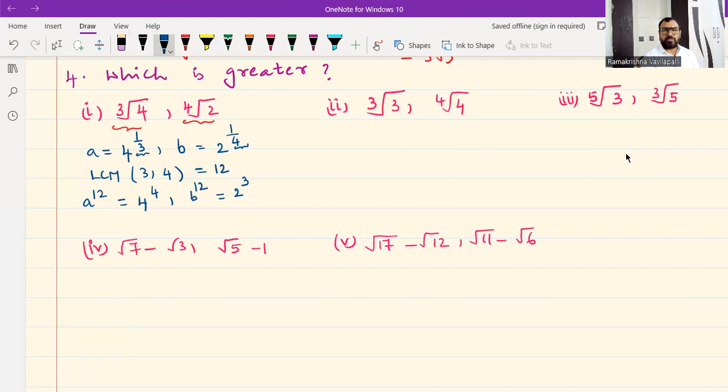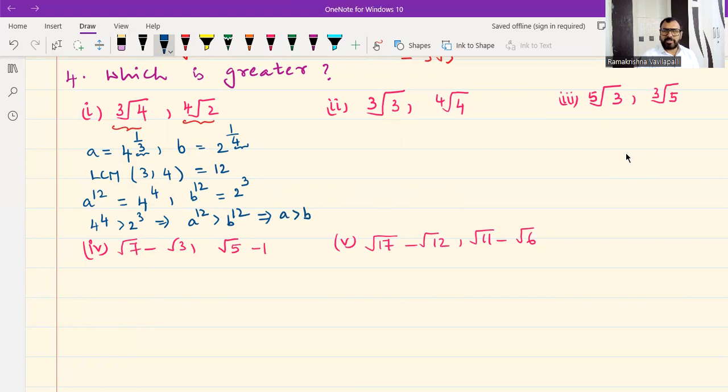This 4 to the power of 4 is greater than 2 to the power of 3, which means that A to the power of 12 is greater than B to the power of 12. Here A and B are both positive, so you can say that A is greater than B.